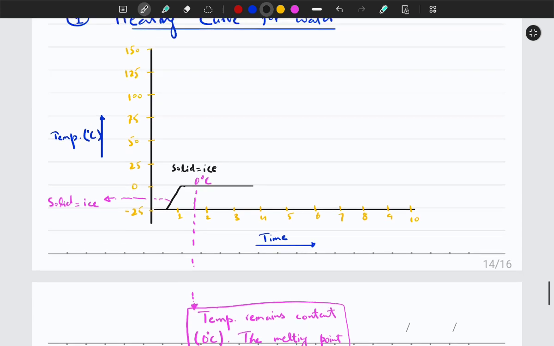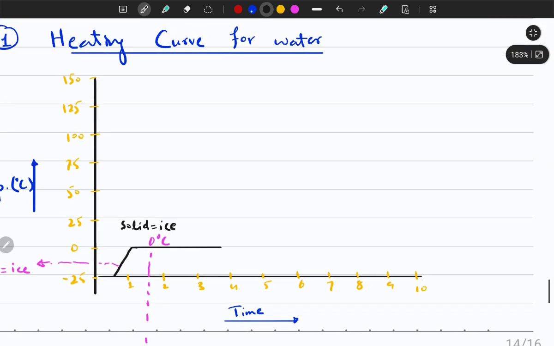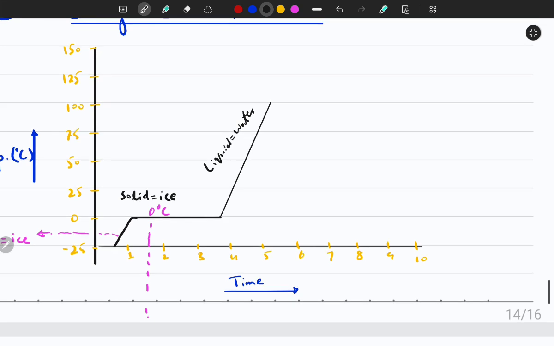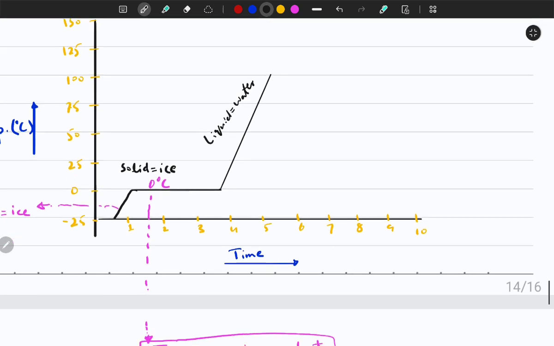The moment all of it changes into water is the point when the temperature would start rising again consistently. If you keep heating, the temperature would keep rising consistently. So at this point, it is liquid. Liquid means water. All right, so the temperature is consistently rising, right?